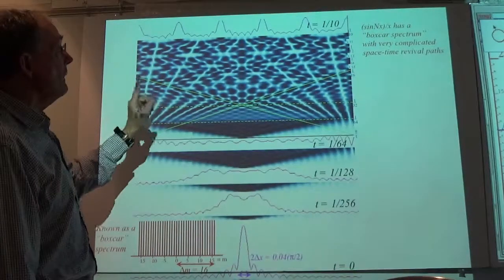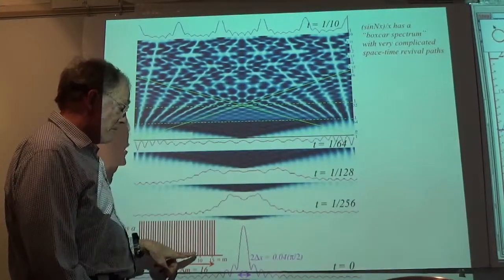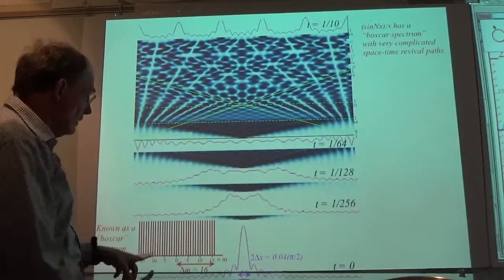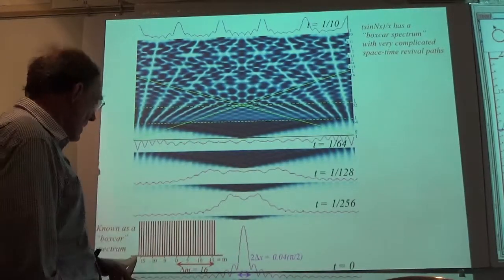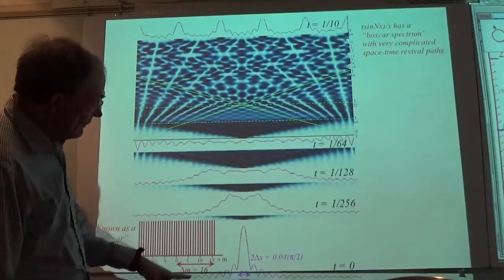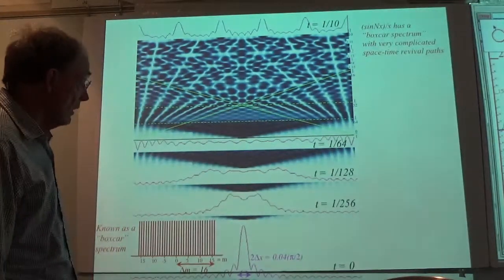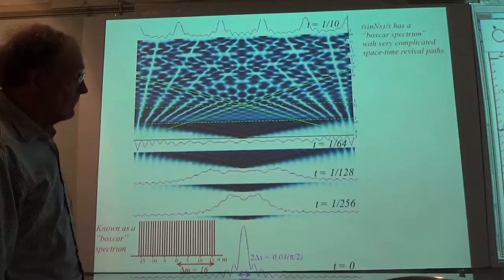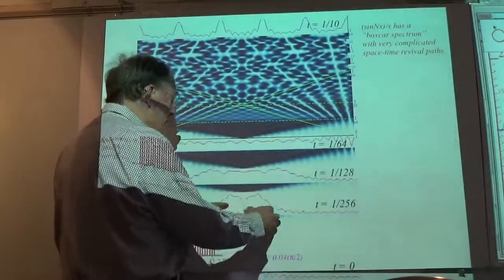So this is a space-time view of what we just saw, with, in this case, only 15. I didn't take 100 here. Just 15, plus and minus 15. So I've got a sine x over x here with a 2 delta x equal to 0.04 times pi over 2. Okay, so it goes bang.